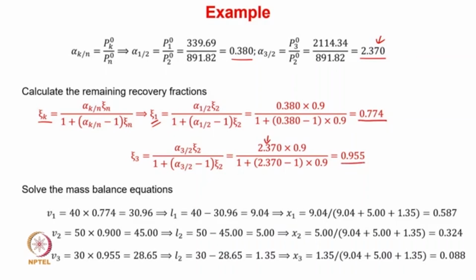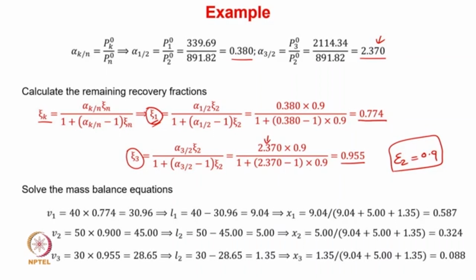That comes out to be 0.955. So now we know zeta 1, and we also know zeta 3. Zeta 2 is 0.9, that is what we assumed initially, isn't it? So now we know zeta 1, zeta 2, zeta 3.